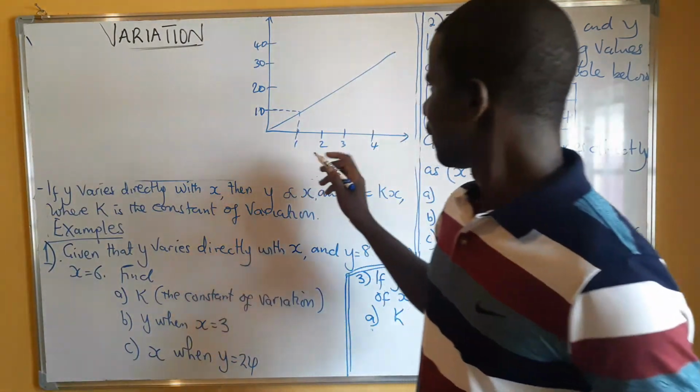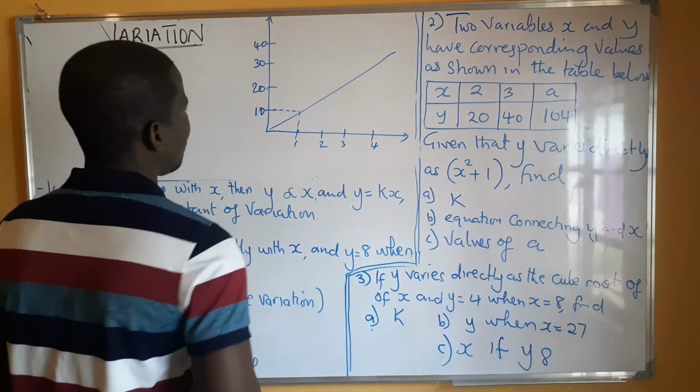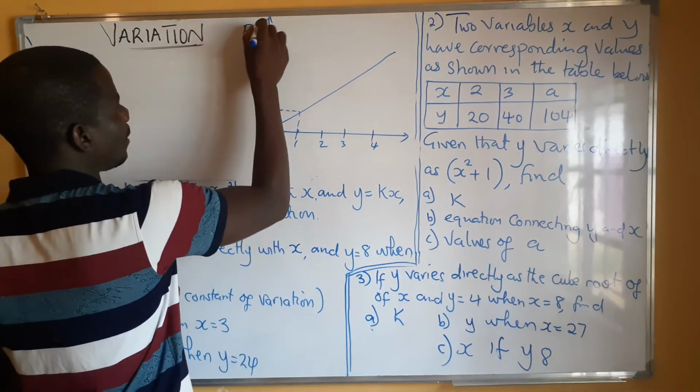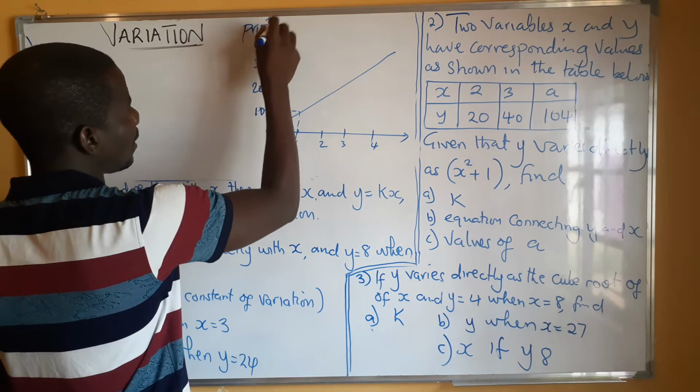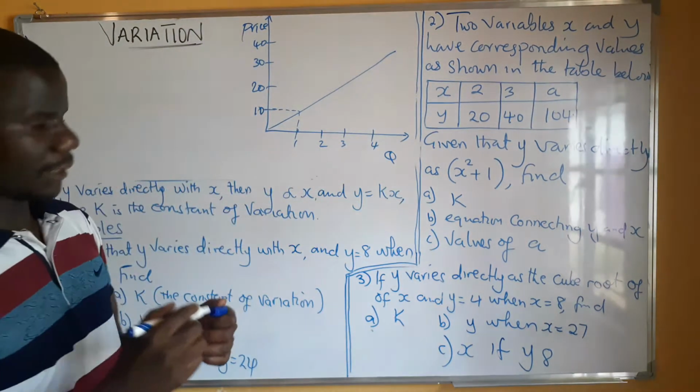Now, for instance, we say this is price, and then this is quantity.